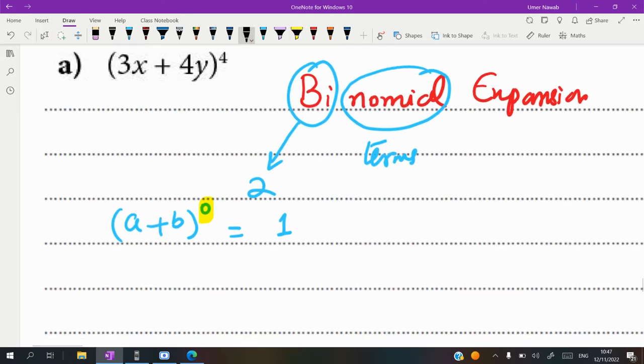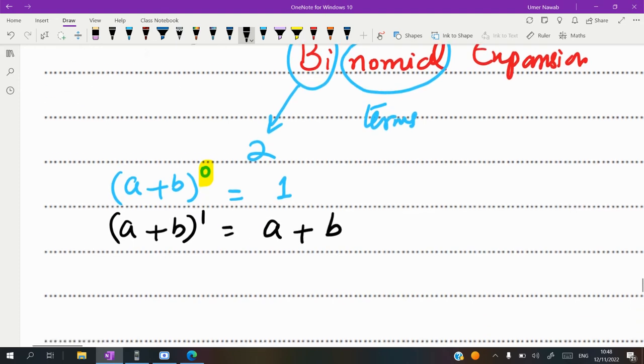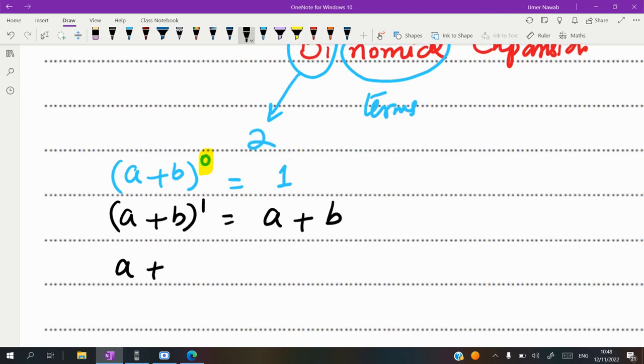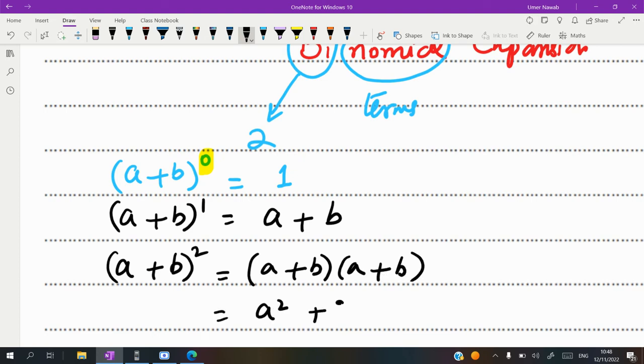But if I write (a plus b) to the power 1, the same terms will come to us. And we also remember that when we did (a plus b) squared, the same bracket is multiplied two times, and after expansion we got a squared plus 2ab plus b squared.